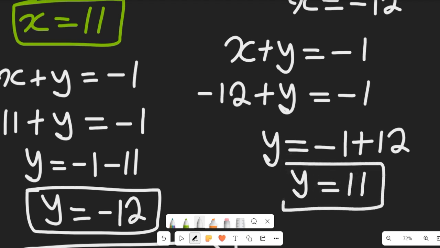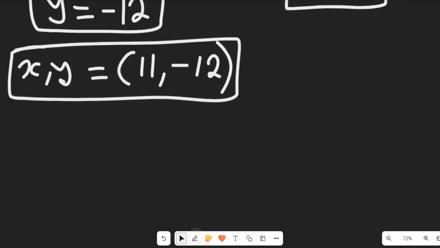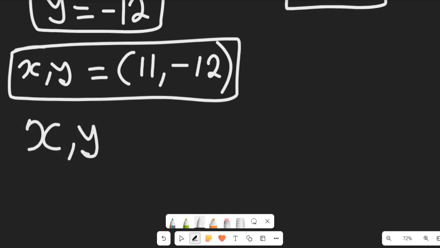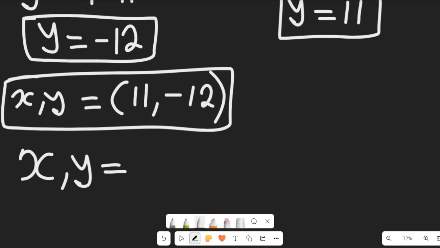So from this other side, we can see that x comma y is equal to negative 12 comma 11.